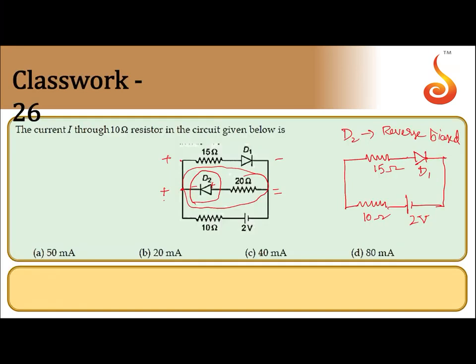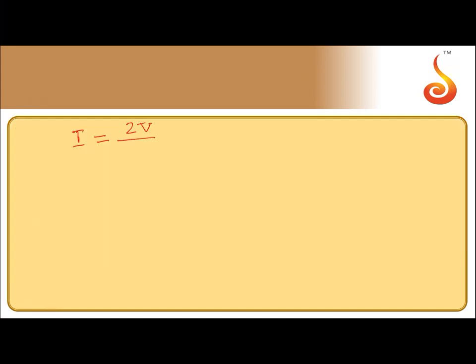When this central part of the circuit is removed, 10 ohm and 15 ohm are in series, so the effective resistance will be 10 plus 15 ohm. So that will be 2 divided by 25, that is 0.08 ampere, that is nothing but 80 milliampere.